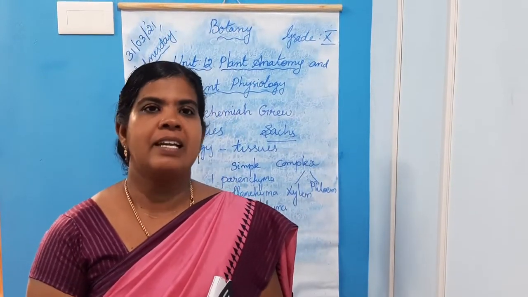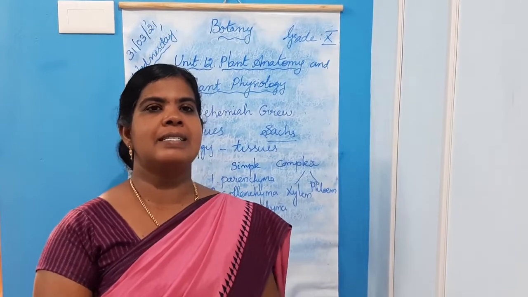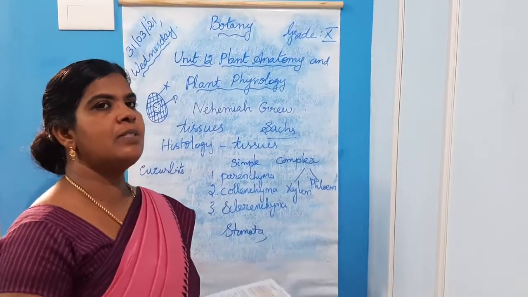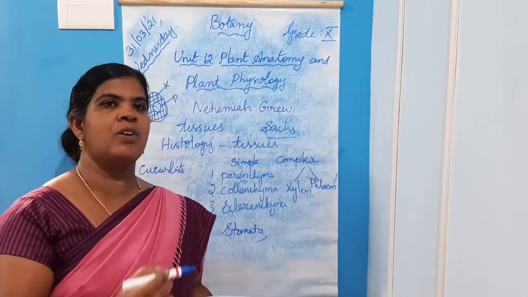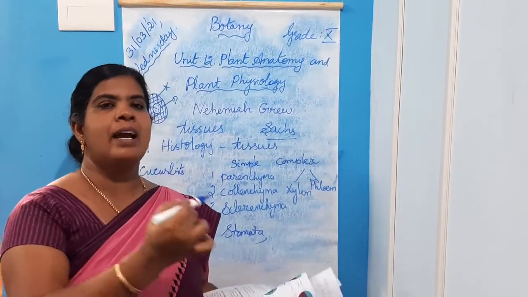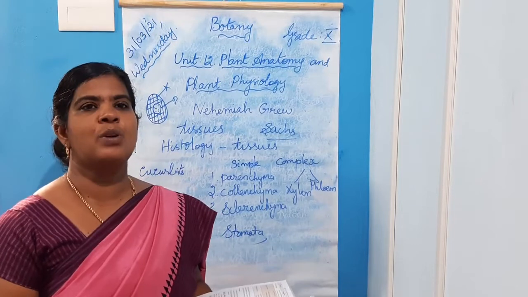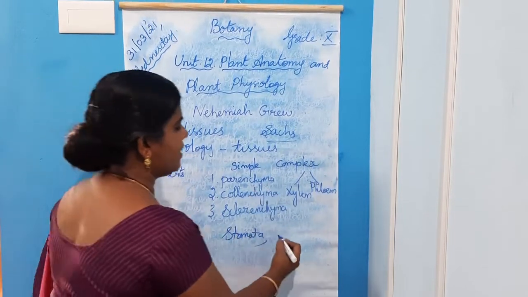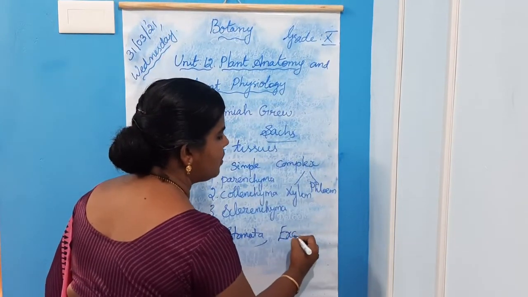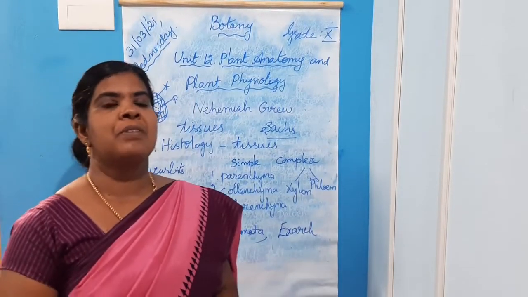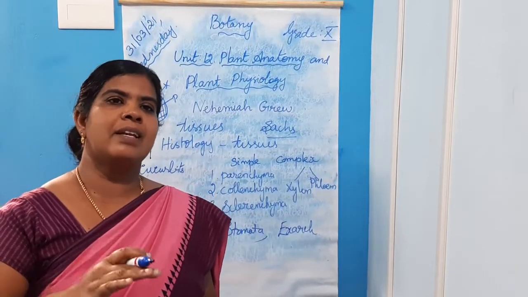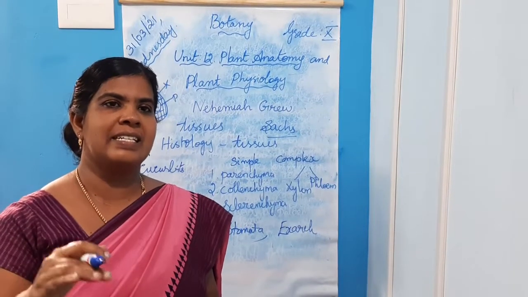Later formed xylem, which is larger in size, is metaxylem. So exarch means protoxylem towards the periphery and metaxylem towards the center.